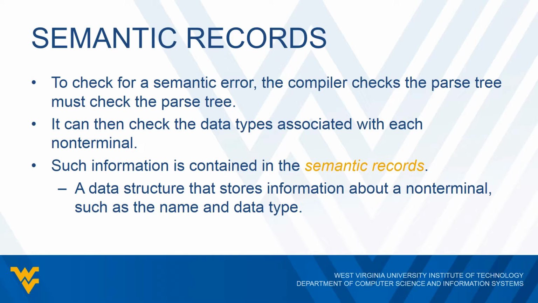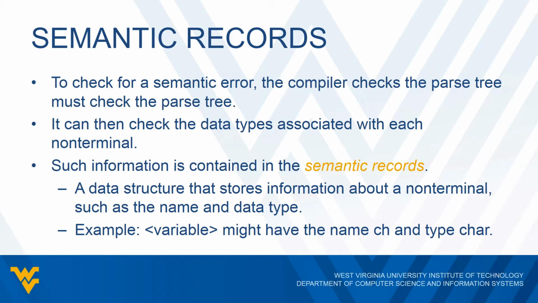For example, we may have a non-terminal called variable, and it might have been constructed from the actual character named ch. So here ch would be the name of the variable, and this relationship would be represented by a link between the non-terminal variable and a semantic record that contains the name ch and its data type char.